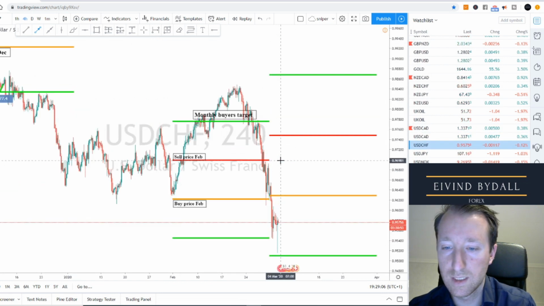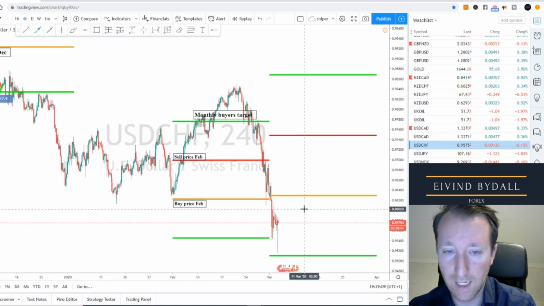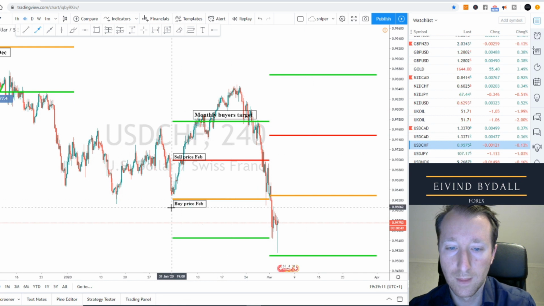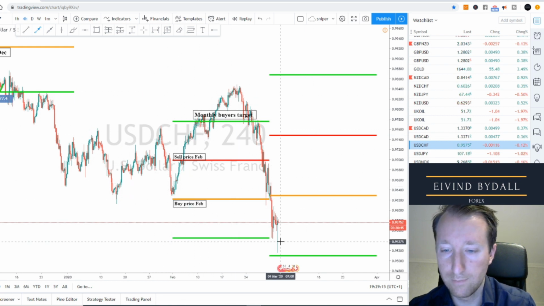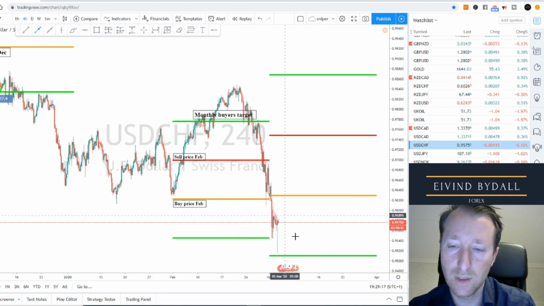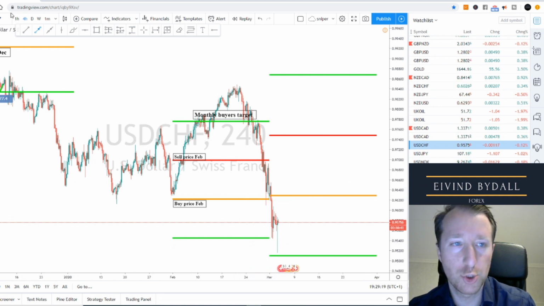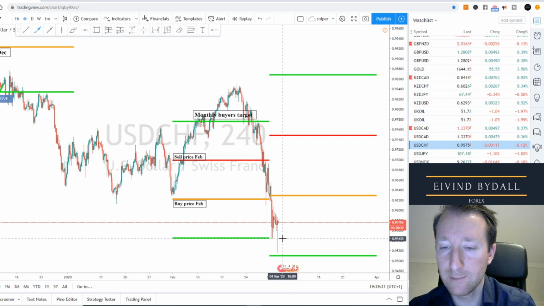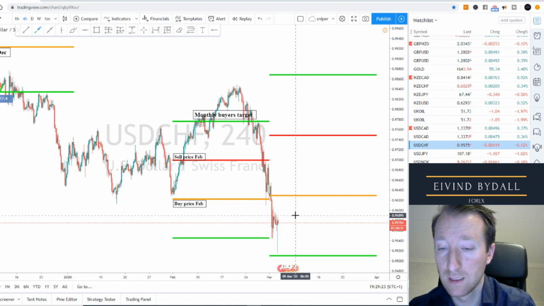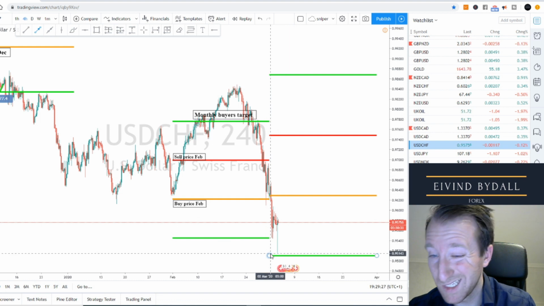Awesome. USD Swiss is a different kettle of fish. This is the bull move, this is the bear move, and we are just out of position. We're just selling off, extensively selling, and target hit for the month already.